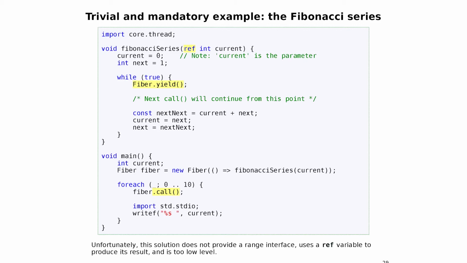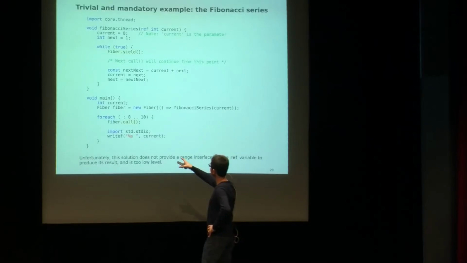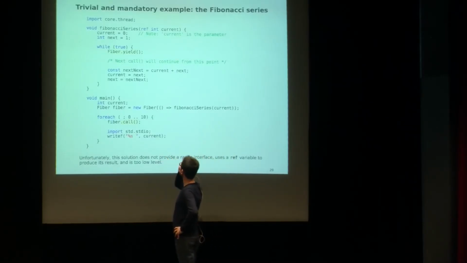We're passing the current variable as a reference to Fibonacci series in this case. And the Fibonacci series sets the current to the current value of the series, starts from 0, 0, 1, of course, and then yields execution back to the main thread.